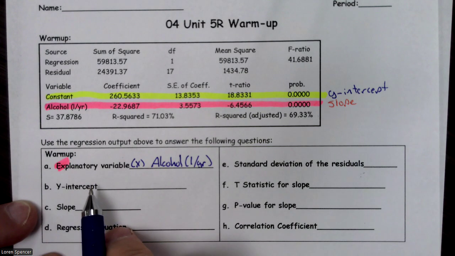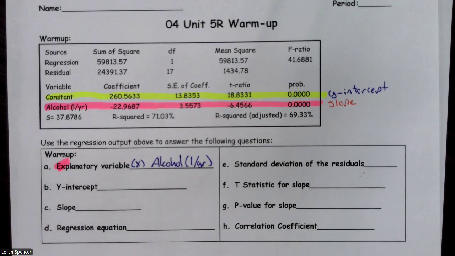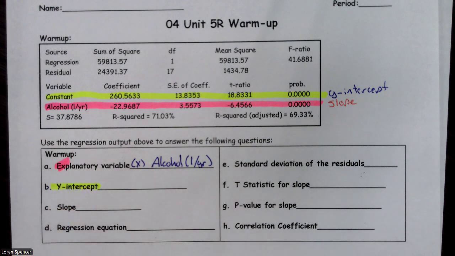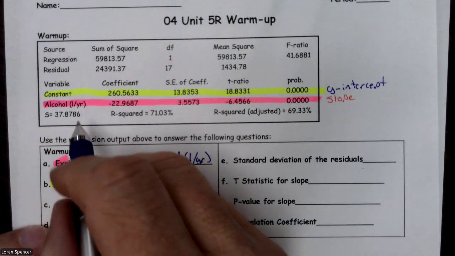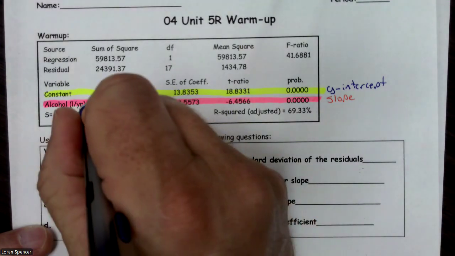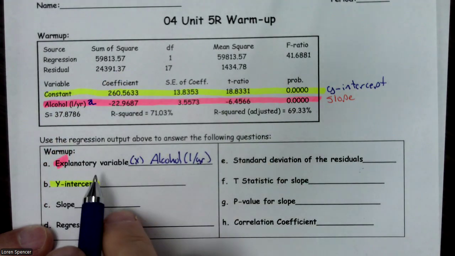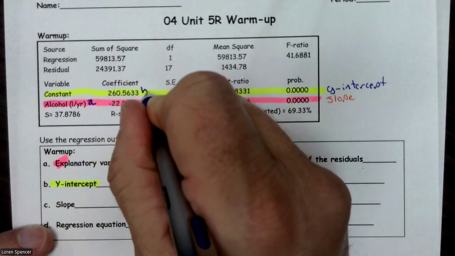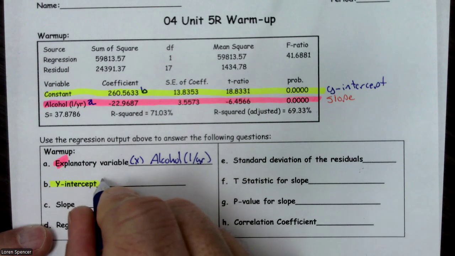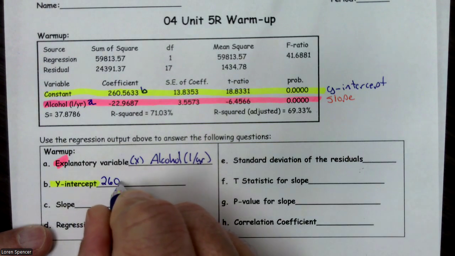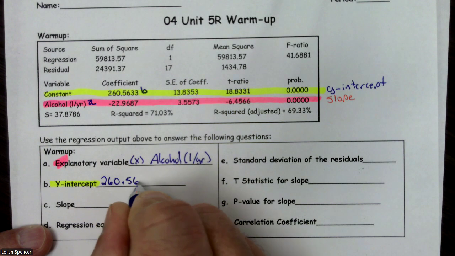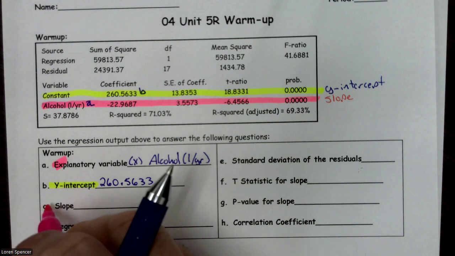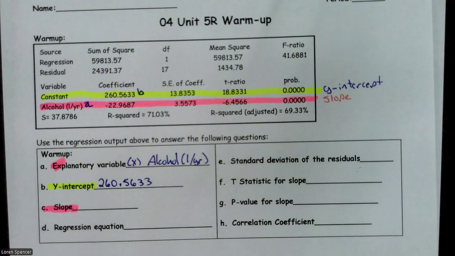My y-intercept is going to be on the y-intercept row, and I'm going to label alcohol as A because this is our first one. It's the very first number, and that happens to be B, which is 260.5633.